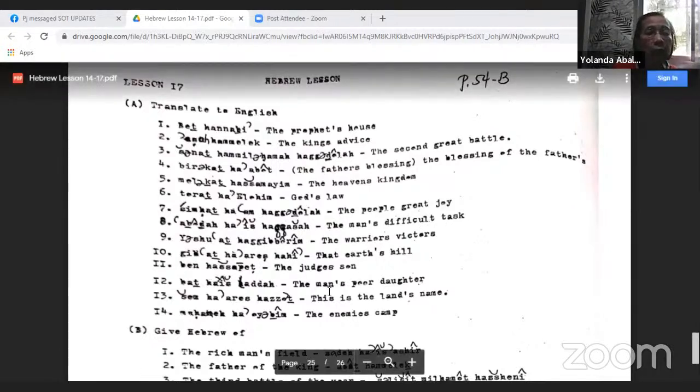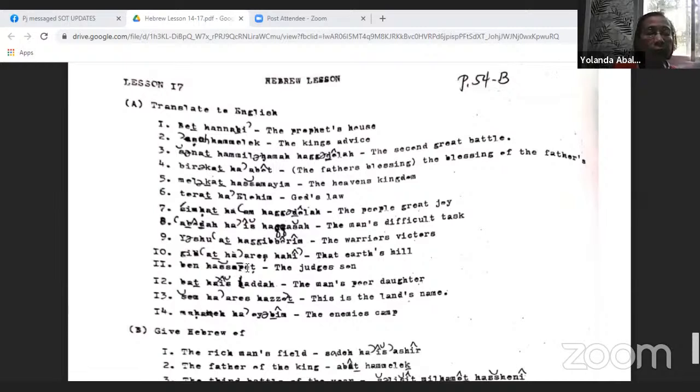Dito naman, sa number 11, Ben Hashupet, the judge's son. Ibig sabihin noon, itong judge, tanggalin yung S after judge, lagyan ng apostrophe S, the judge's son.